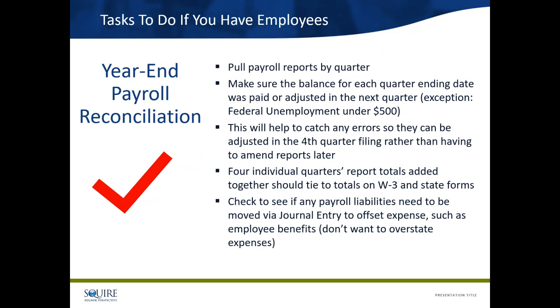And you want to see also if you have any payroll liabilities that you need to move over with a journal entry to offset an expense. This is when you have health insurance or an HSA, or sometimes we have garnishments. And so they've been taken out via payroll liability from someone's paycheck.